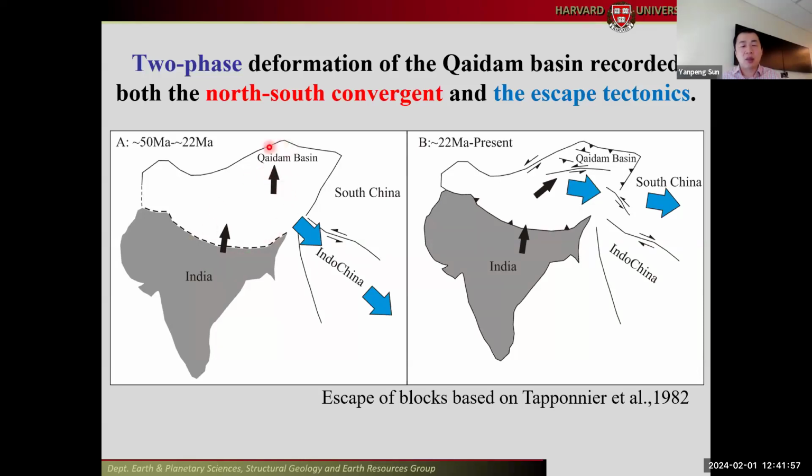But in the meantime, the northern side of the basin probably started deforming much earlier, about 40 million years ago. And then by 22 million years ago, that's the point when the major structural faults start to be active.